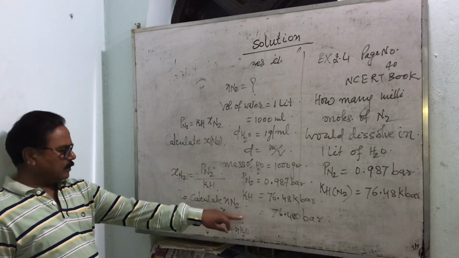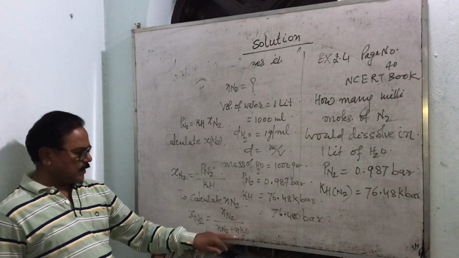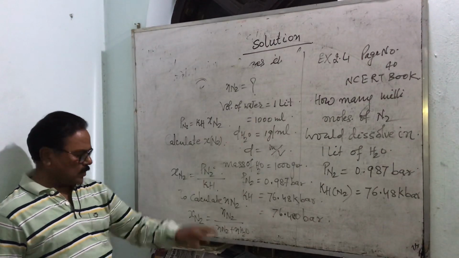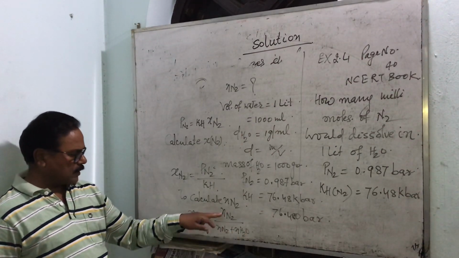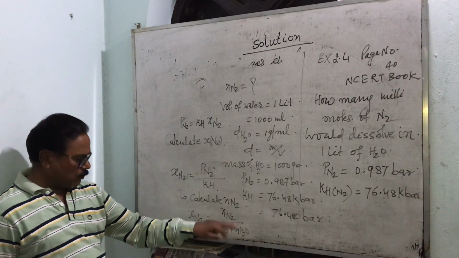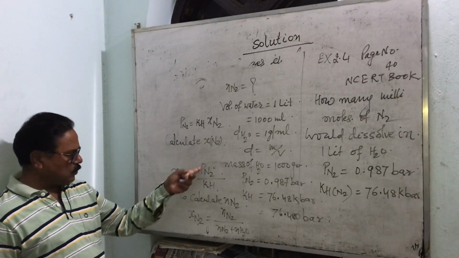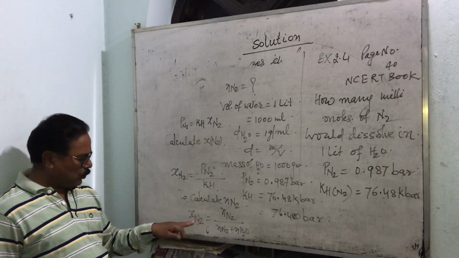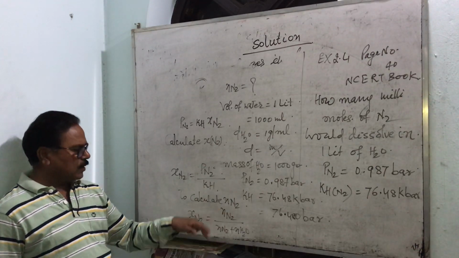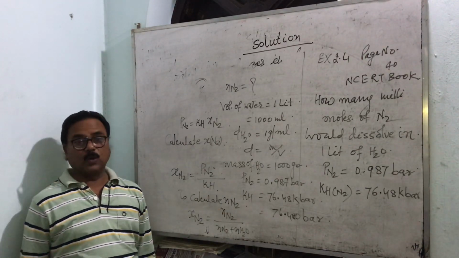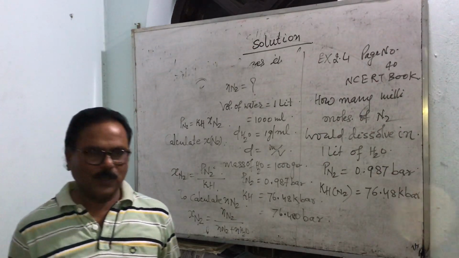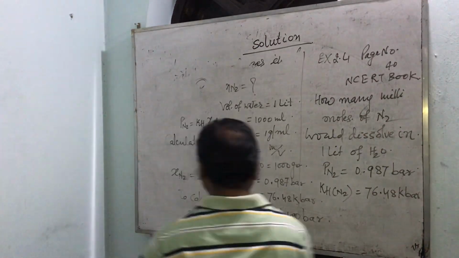Here nitrogen is dissolved in water having a volume of 1 liter. So we calculate the number of moles of water and put the value here, and NN2 can be calculated using this formula, and it is converted into millimoles.